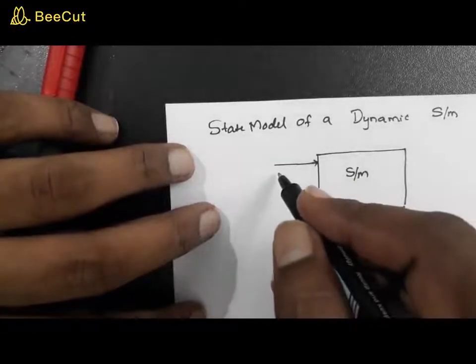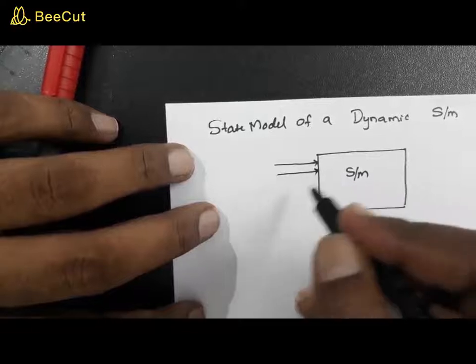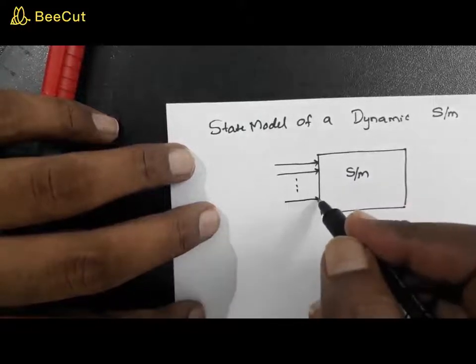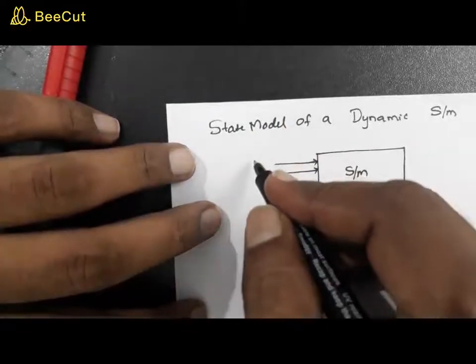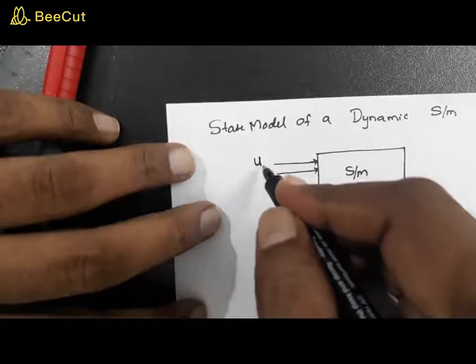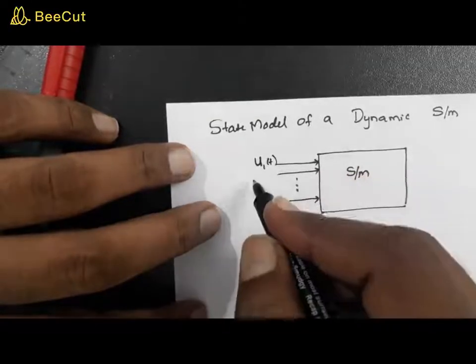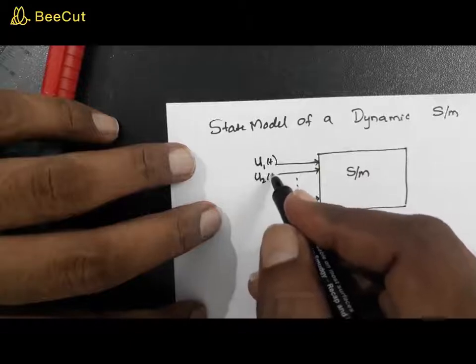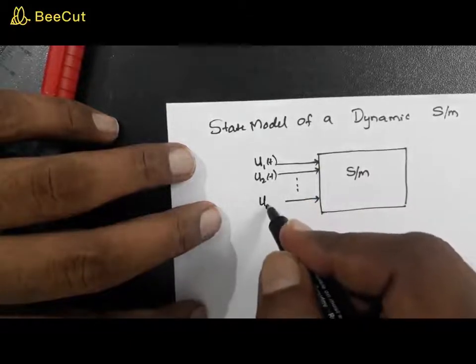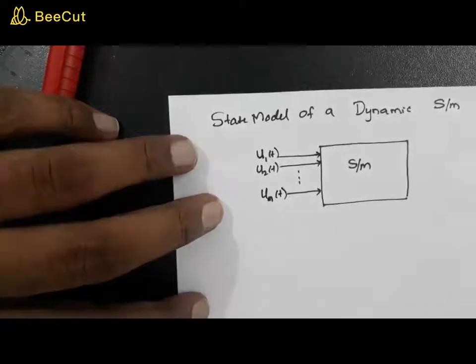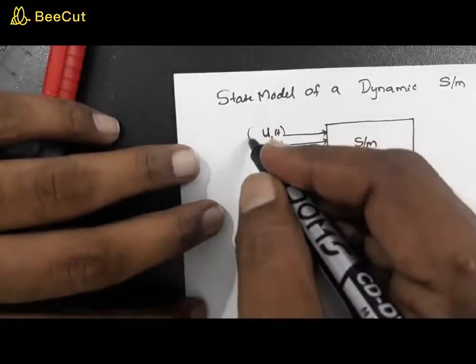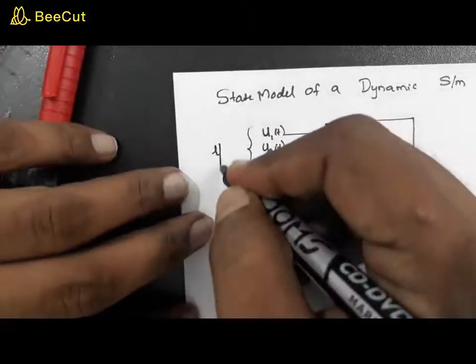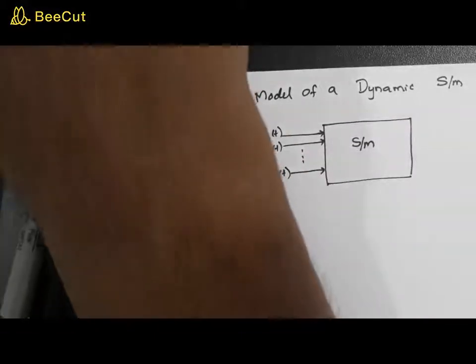So we are considering m inputs, which I call u1 of t, a time domain function, u2 of t, up to um of t. These are called the inputs to the system, the real inputs.